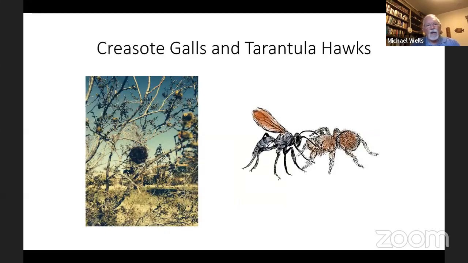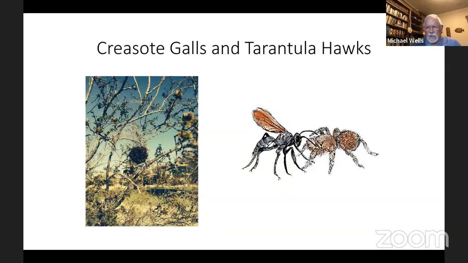And there are a couple other examples of coevolution. Most people know about the tarantula hawk and tarantulas. The tarantula hawk is a wasp that preys on those large hairy spiders that we commonly call tarantulas. The tarantula hawk will sting the spider and paralyze it, drag it into an underground chamber that it has prepared, and then lay its eggs on the abdomen of the spider.